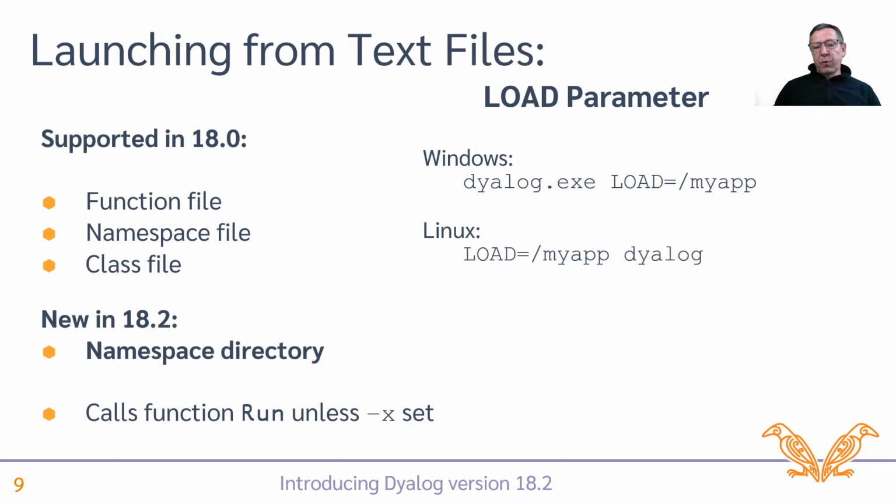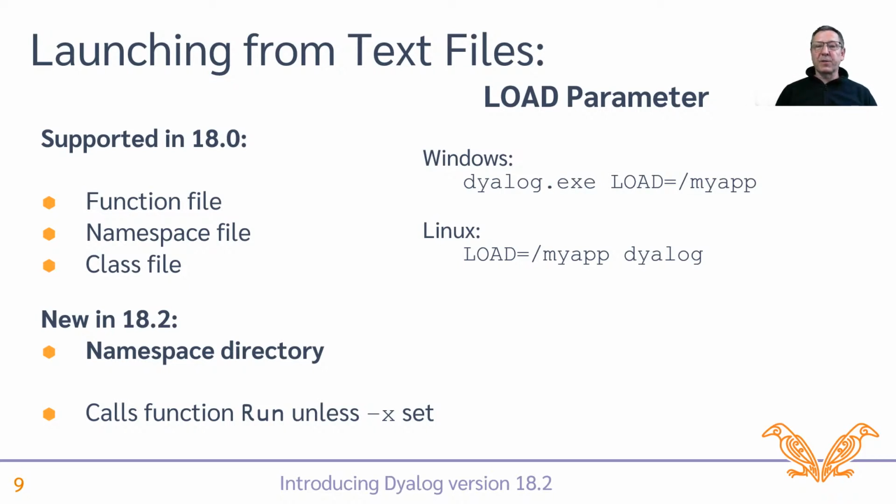In version 18.2 we make use of Link to extend that so that you can simply refer to an entire directory with the load parameter, and Link will then be used to bring in all of the source files in that folder, and if there is a function there called run, it will be invoked. So you can launch an entire application from textual script without using workspaces at all.